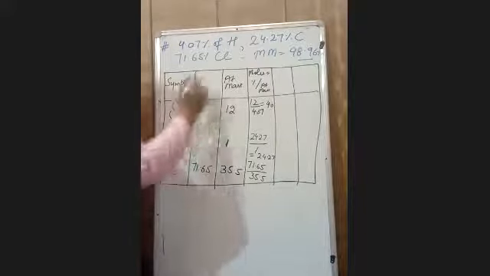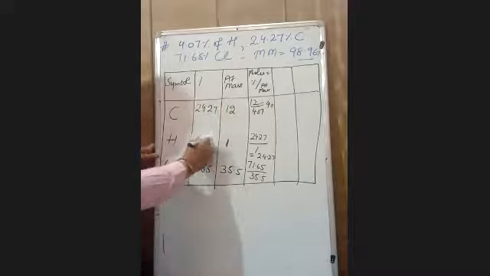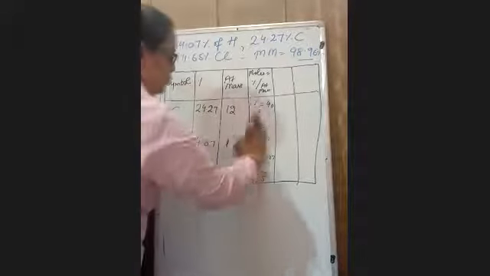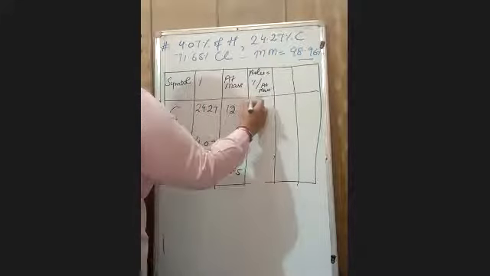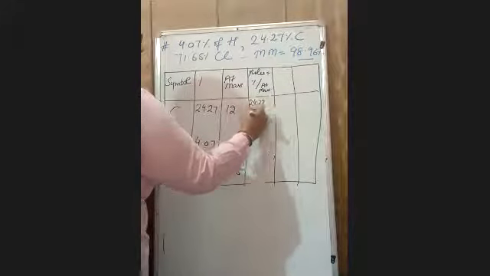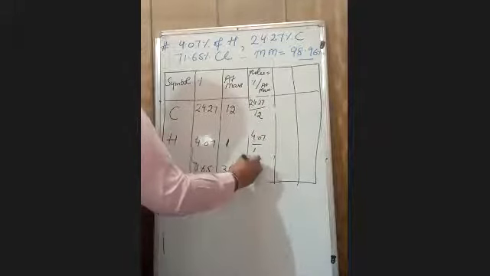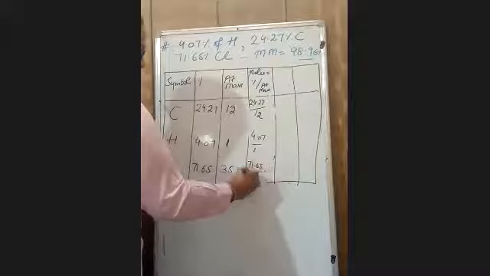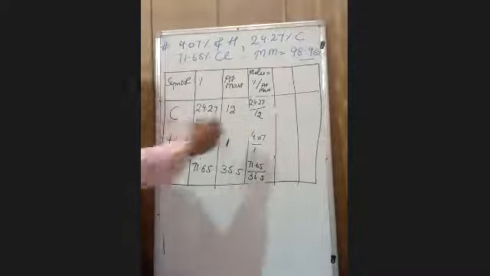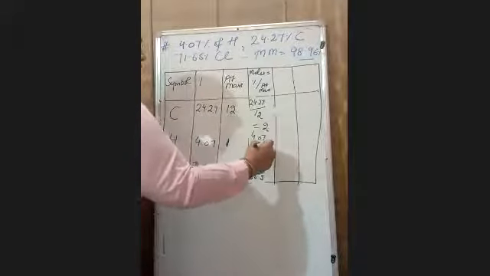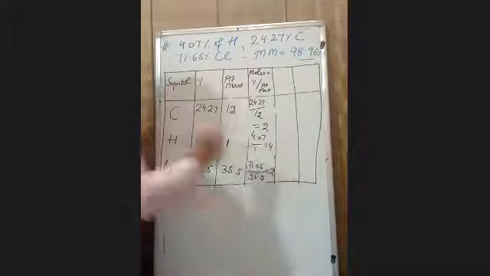It is 24.27 and it is 4.07. So 24.27 divided by 12, 4.07 divided by 1, and 71.65 divided by 35.5. It nearly comes out to be 2, it nearly comes out to be 4, and it nearly comes out to be 2.